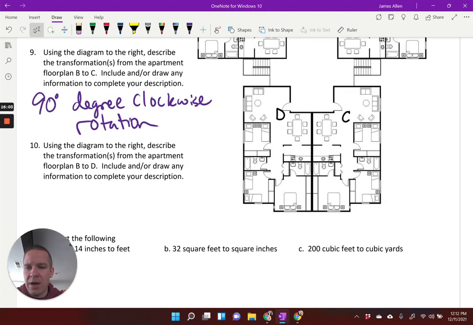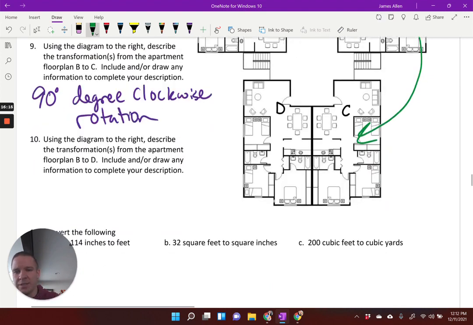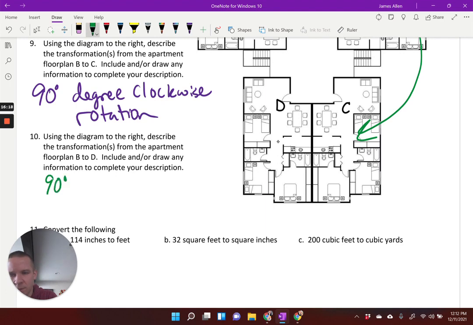How about we describe the transformation from B to D. Okay, so from B to D. Well, if we went from B to C, right, that was a 90-degree rotation, and then it looks like a reflection after that. So this is a couple things. So 90-degree clockwise rotation.